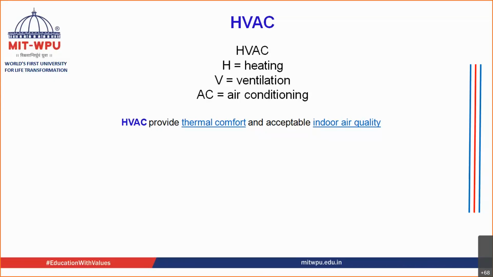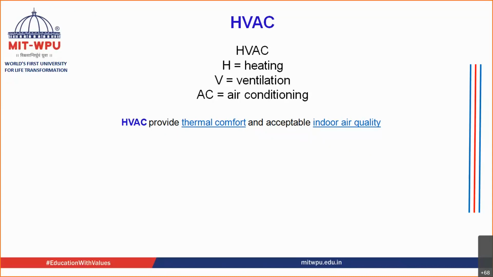What is HVAC? HVACs are the equipments that are used for heating or cooling of the air. It is also used for proper ventilation and for air conditioning. So HVAC: H stands for heating, V stands for ventilation, AC stands for air conditioning. So you have the air which is heated or cooled, containing fewer particles and which is properly conditioned, right?